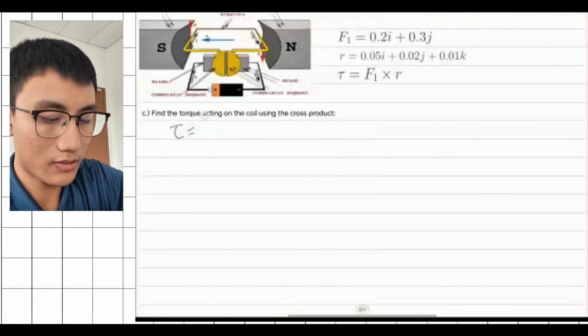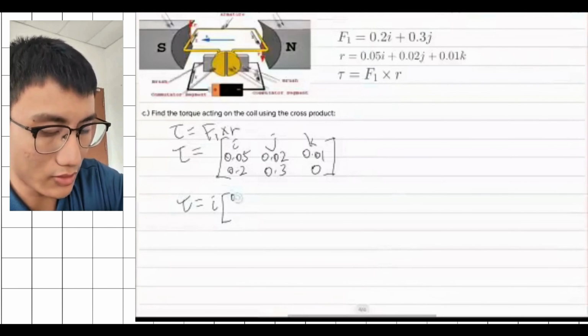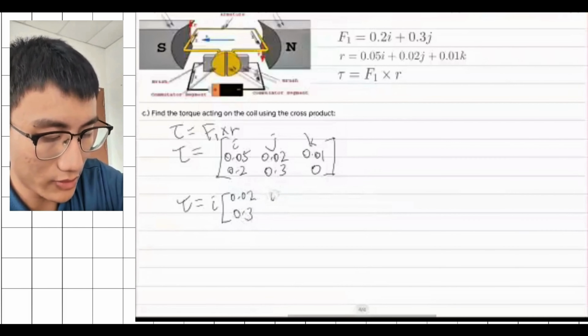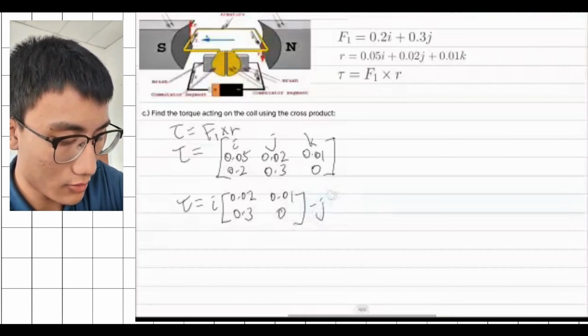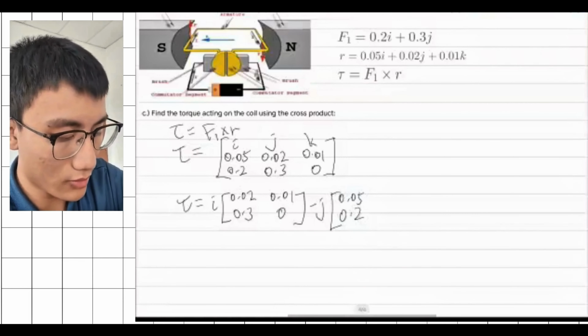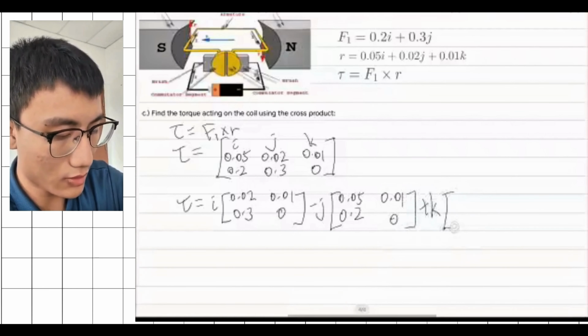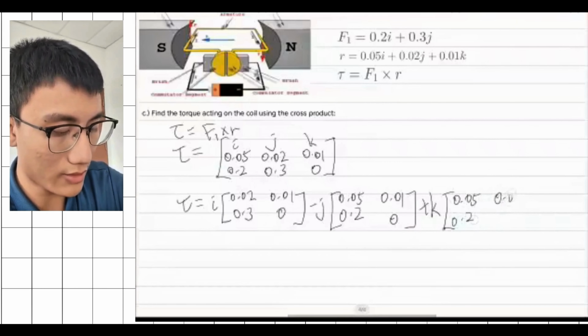So now we need to find the T, the torque. Which is i: 0.02 and 0.3, 0.01 and 0, and minus j: 0.05, 0.2, 0.01 and 0, and last is the k: 0.05, 0.2, 0.02 and 0.3.